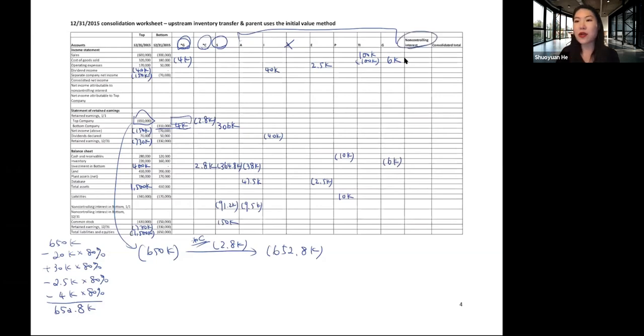Non-controlling interest is only affected by upstream or downstream. So here, this is the same as your page 2. And your last column, we just add everything up using the way we practiced a lot of times before.